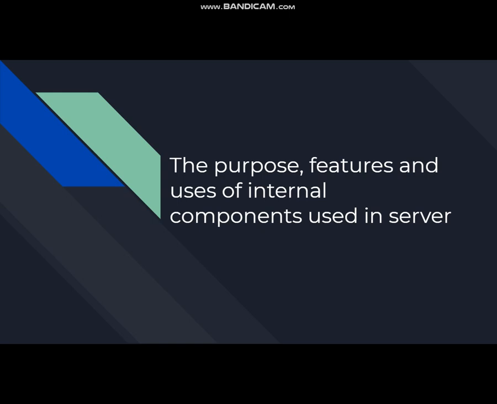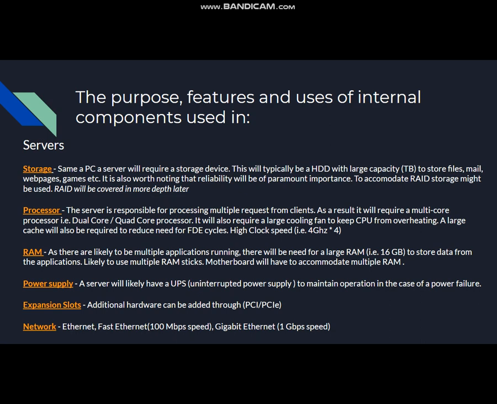Okay, so here we're going to look at the storage. Now, in terms of where we store all of that content that the server needs to hold, we would have a hard disk drive, probably, that would store terabytes of data. So we already mentioned in the previous lesson that we might be storing files, mail, web pages, games, etc. And so those contents will be crucial to an organization or to the network that is storing that content.